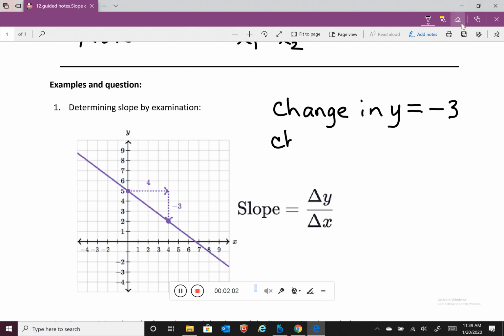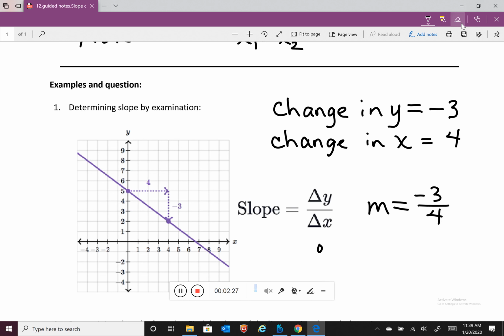And then the change in x is changing by +4, because as x is going to the right, we're going an increase of 4, but y is increasing by -3. So our slope is -3 over +4.